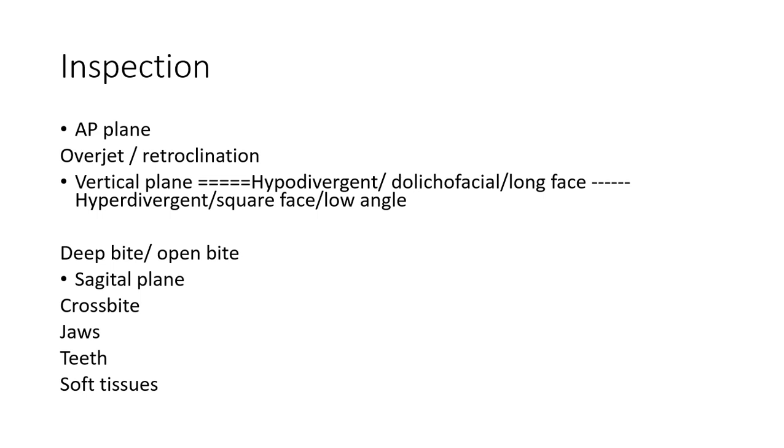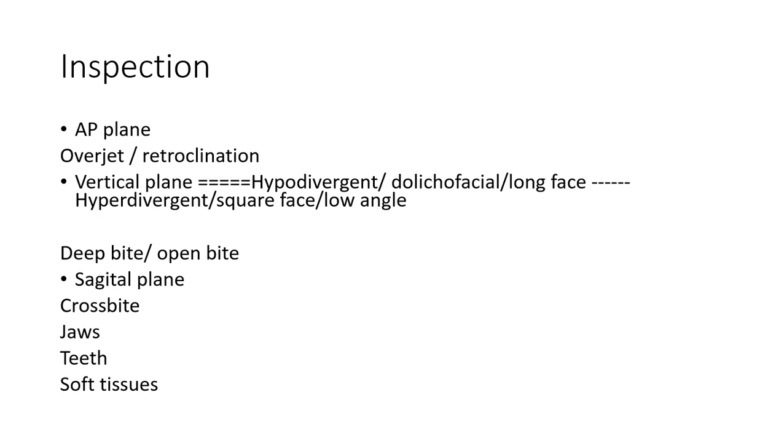And the basis of the clinical examination of the orthognathic patient is to look and inspect everything in 3 dimensions, because we have to rotate the jaws and teeth in 3 dimensions. So we should take into consideration 3 planes, that are the anterior posterior plane, the vertical plane and the sagittal plane.